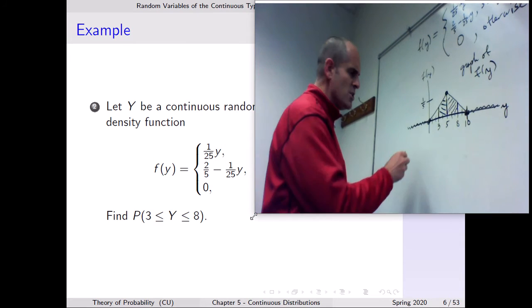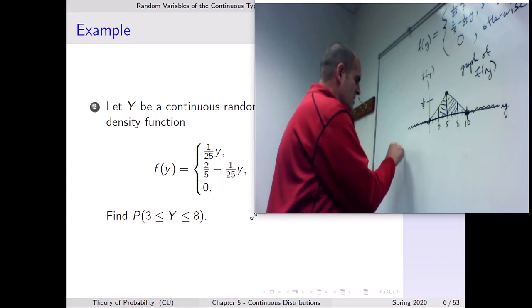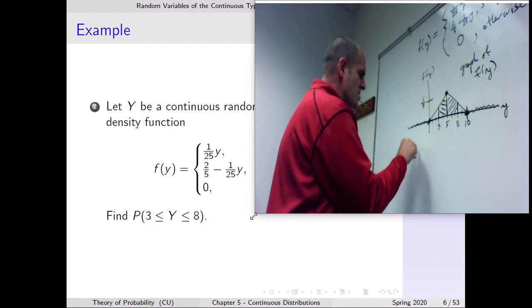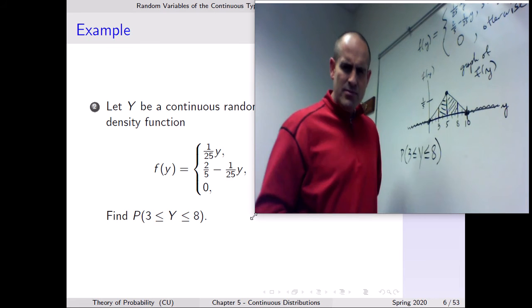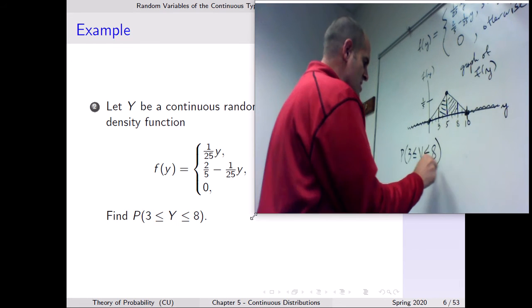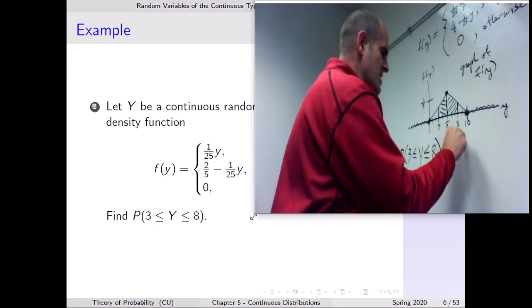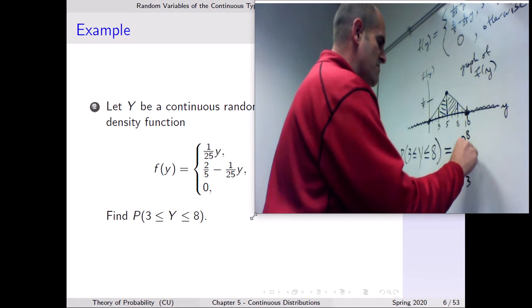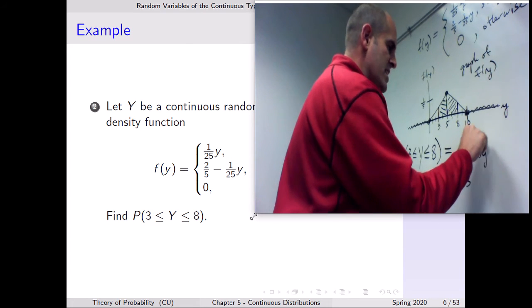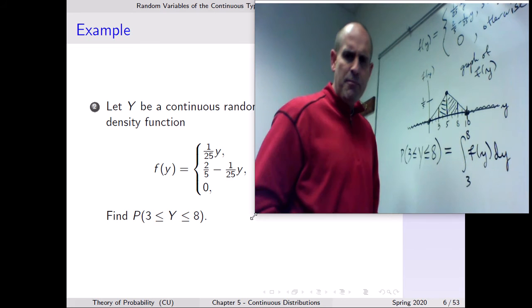Okay. So the probability that 3 is less than or equal to y, which is less than or equal to 8, is going to be equal to the integral from 3 to 8 of f of y dy.